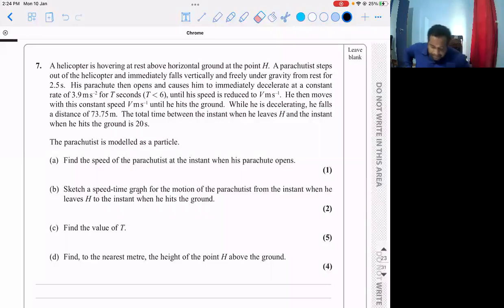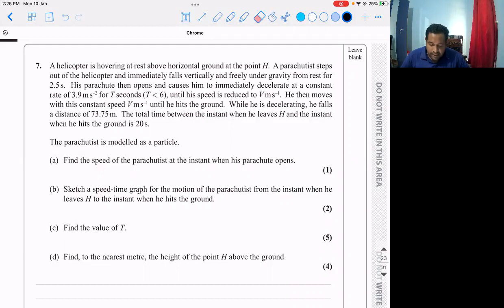So next question is an interesting question. A helicopter is hovering at rest above horizontal ground at the point H. A parachutist steps out of the helicopter and immediately falls vertically and freely under gravity from rest for 2.5 seconds.